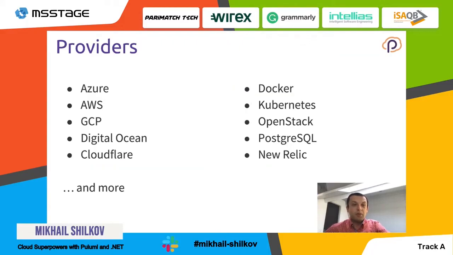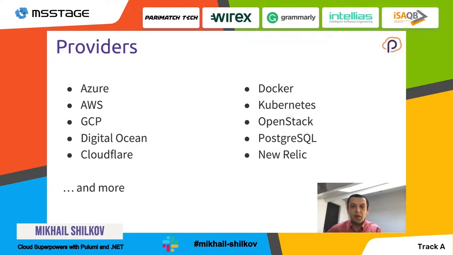Pulumi is by design a multi-cloud tool, so it's not just Azure. I'm going to show you all the Azure examples today, but keep in mind that everything that I show you can be applied to AWS or Google Cloud, or even smaller clouds like DigitalOcean or Cloudflare, or even not exactly cloud things. Every tool that has an API and the notion of resources can be a Pulumi provider, and in fact we have like 40 or 50 providers at the moment.